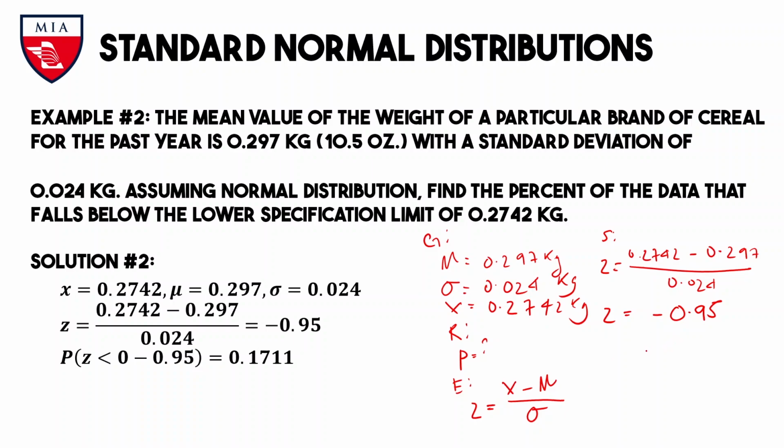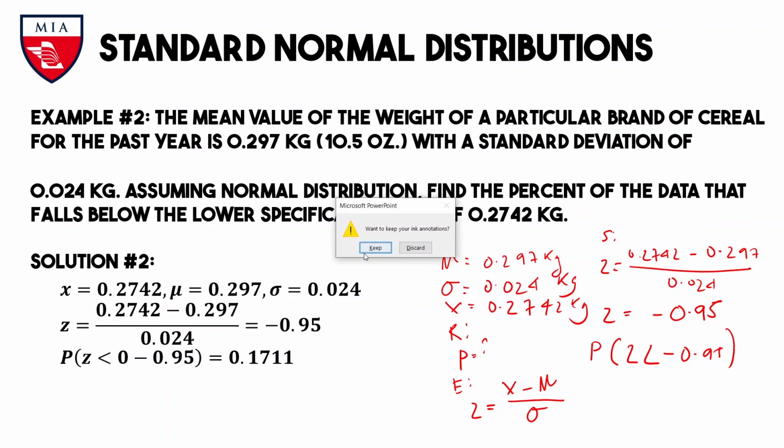Based on the problem, assuming normal distribution, find the percent of data that falls below the lower specification limit. Therefore, the probability of z is less than negative 0.95. Let's solve this using the calculator. We need to get the z-score of negative 0.95.